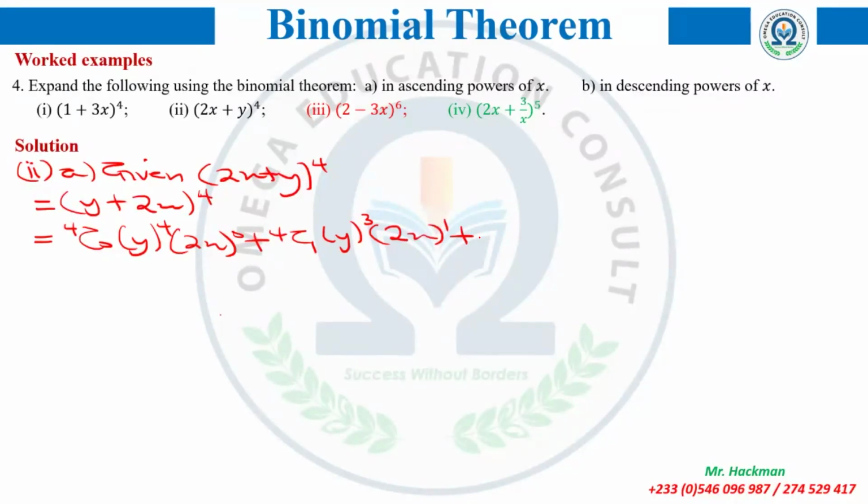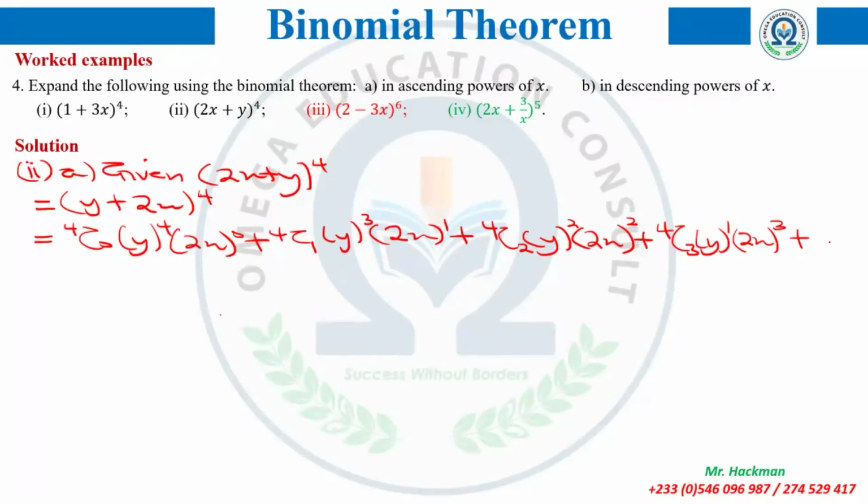Then plus, let's go, you are doing well, 4 combination 2, y squared, 2x squared. Then plus, 4 combination 3, y to the power 1, 2x cubed.